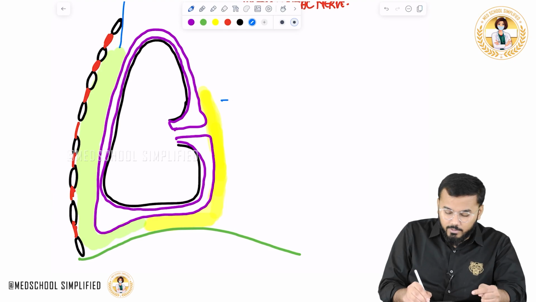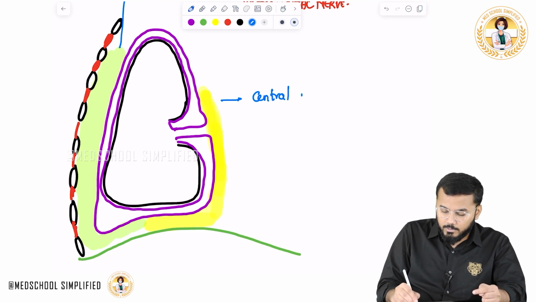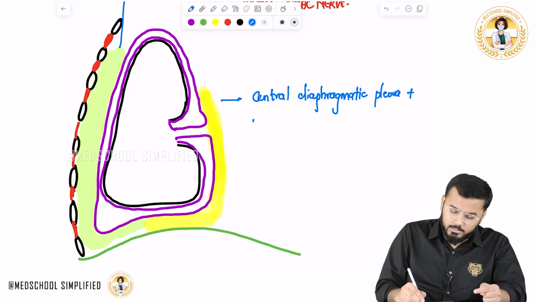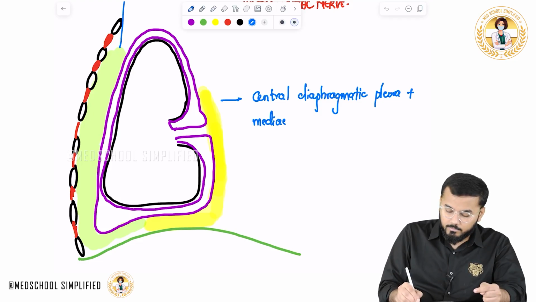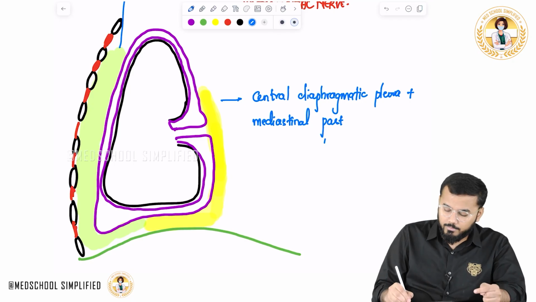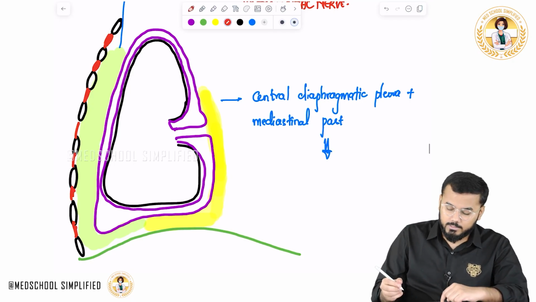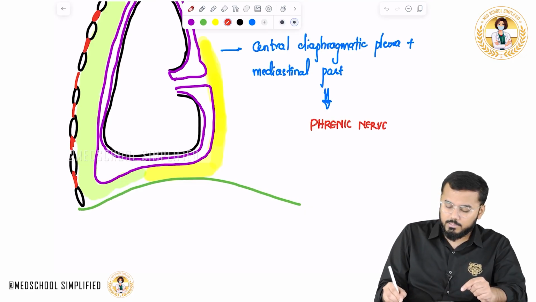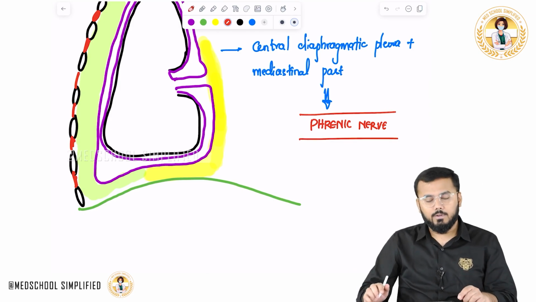Okay, so if I have to write it, that is the central diaphragmatic pleura plus the mediastinal part is innervated by phrenic nerve. It is innervated by phrenic nerve.